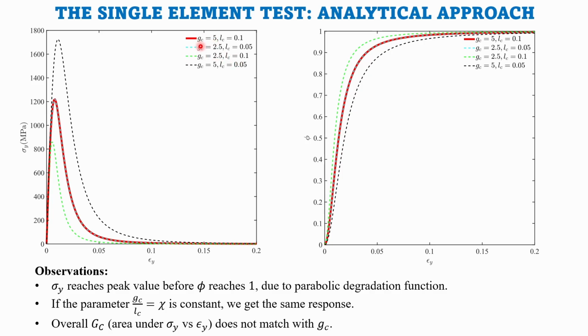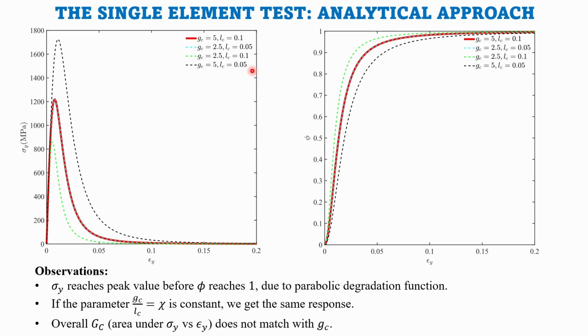Then you decrease GC by half and you decrease LC by half, for this blue, or rather cyan, curve. Then you have this green curve where you keep LC constant, which is 0.1, but you halve GC to 2.5. And for the last one, you halve LC but keep GC constant.